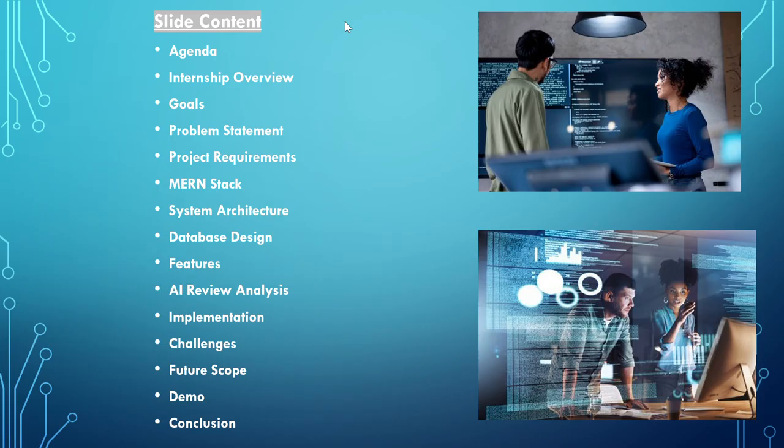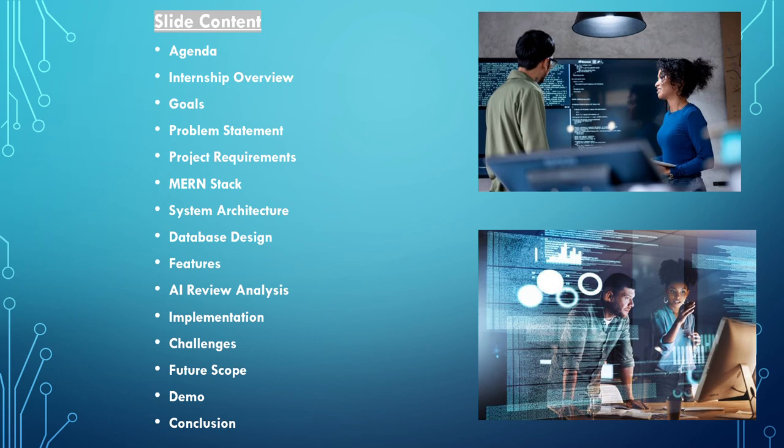Now, let's move toward what we are covering in this presentation. So, this presentation is divided into different sections. First, I briefly explain the internship and the objective of the project. Then, I will discuss the problem statements and the project requirements. After that, I will explain the MERN stack technologies that we used in the development.